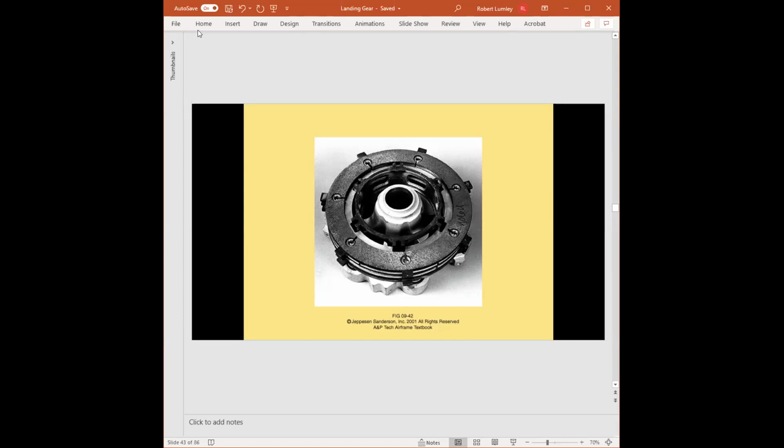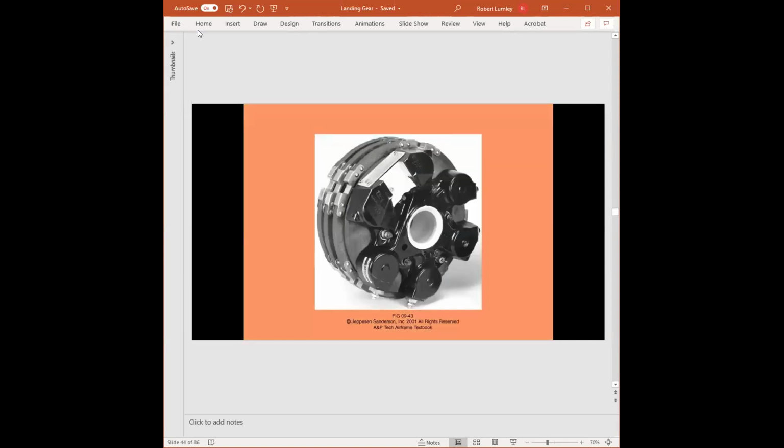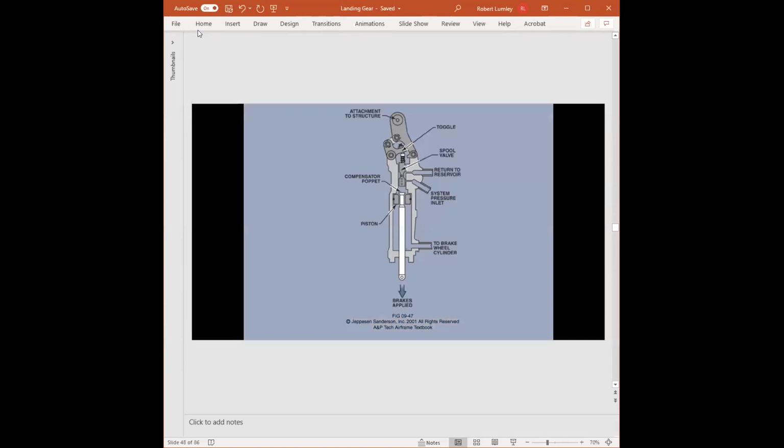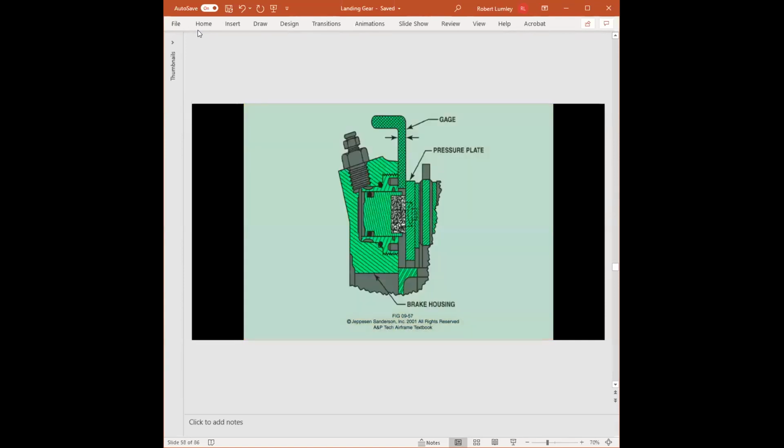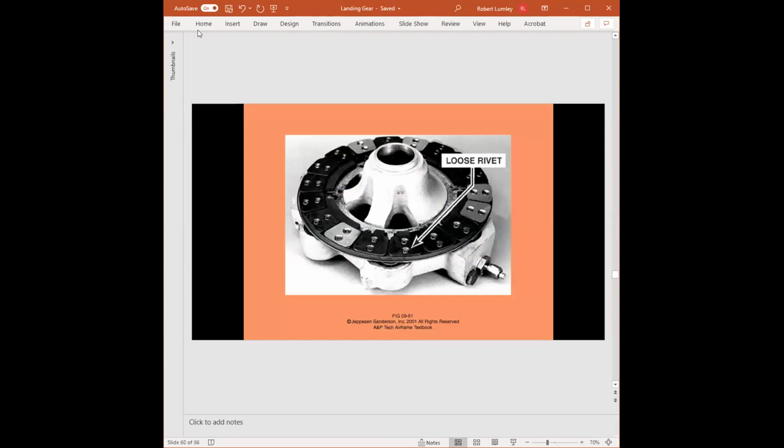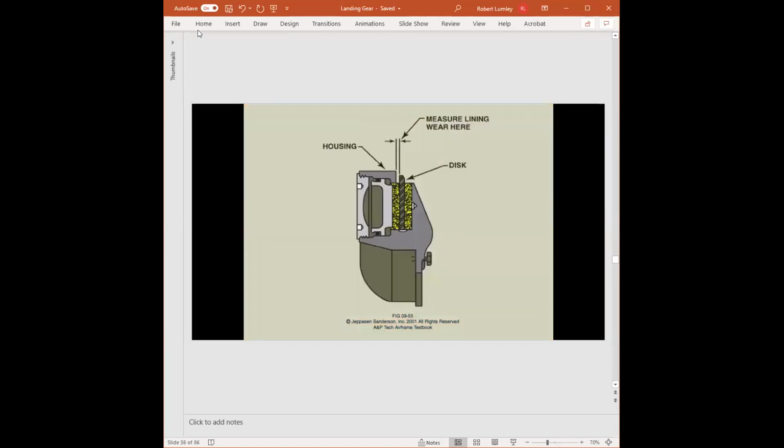So this is when they evolved to having pads put onto the discs. That way the pads wear, and then during overhaul the actual disc is saved a lot of times, and all we have to do is replace the pads.